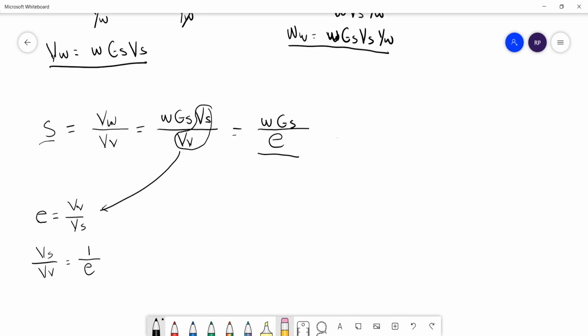So, we would have our final equation, which is, transpose lang natin doon e sa e. So, we would have Se, which is degree of saturation times void ratio, equal to moisture content times specific gravity.